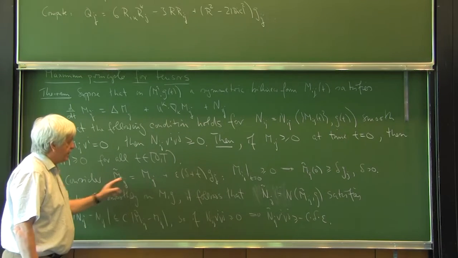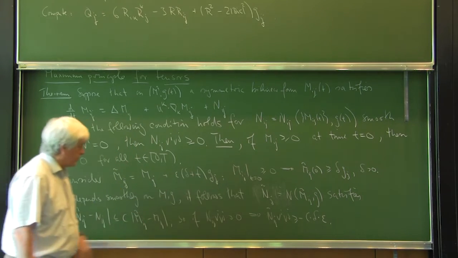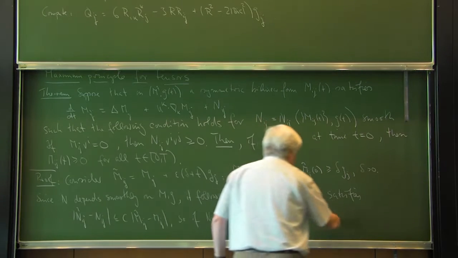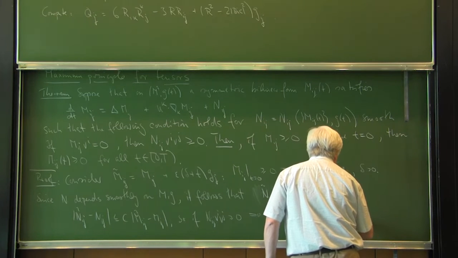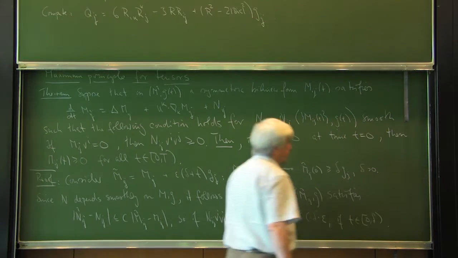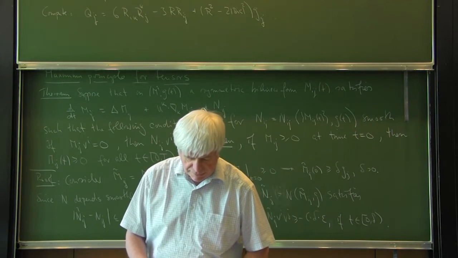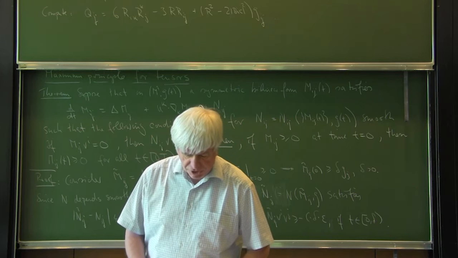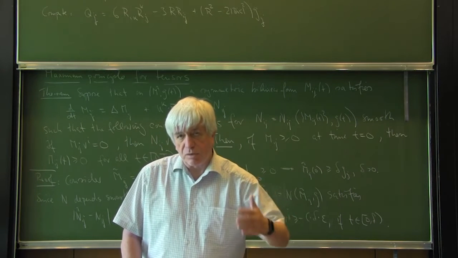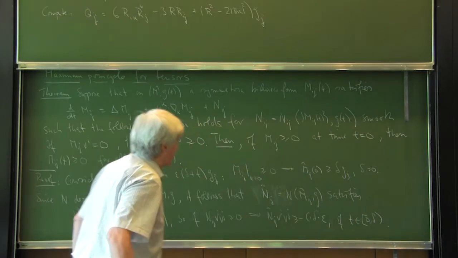Because the difference between these two is just delta times epsilon, as long as our time interval is small. Okay, so on a small time interval, our two tensors don't differ too much, so our assumption on Nij translates into an almost identical assumption on N tilde ij.